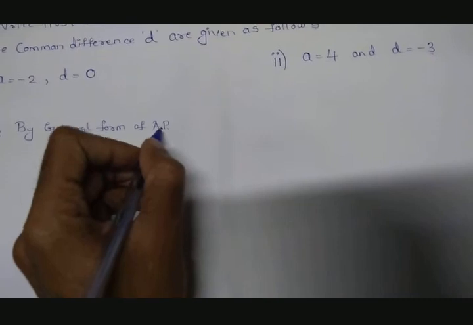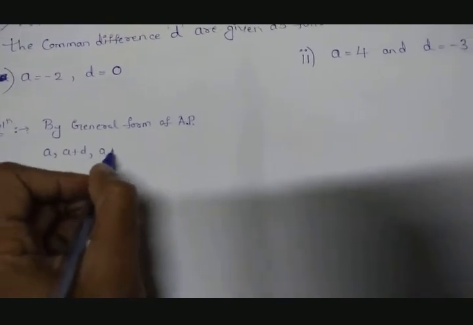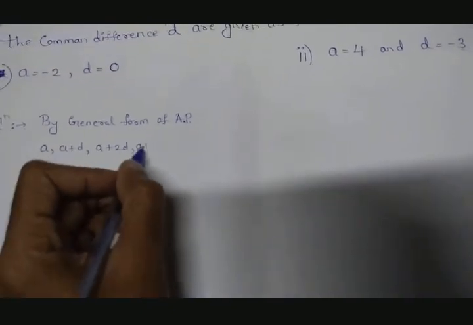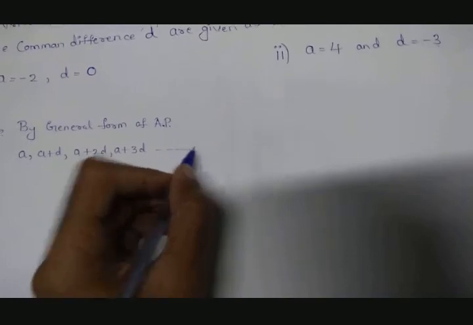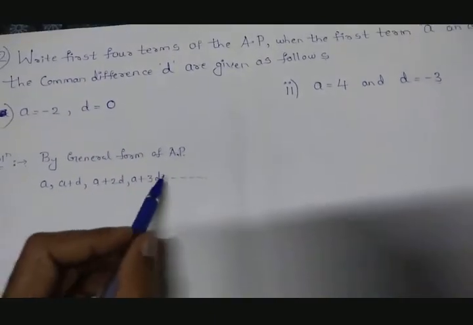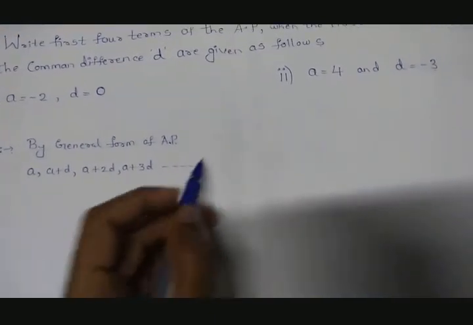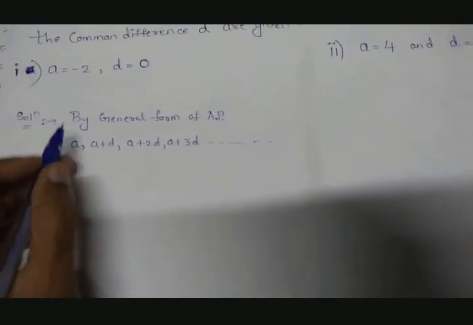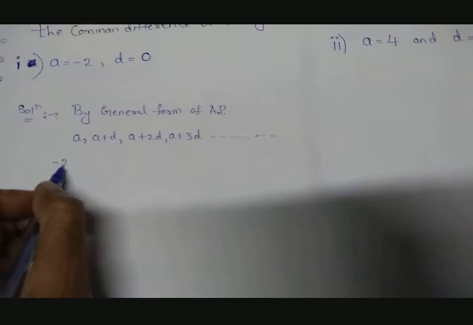We know that the general form of arithmetic progression is given by a, a plus d, a plus 2d, a plus 3d, and so on. Since we need the first four terms, I am just writing the first four terms of the generalized form of AP. As we know, a is equal to minus 2.